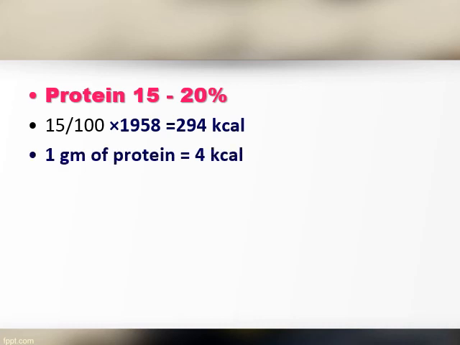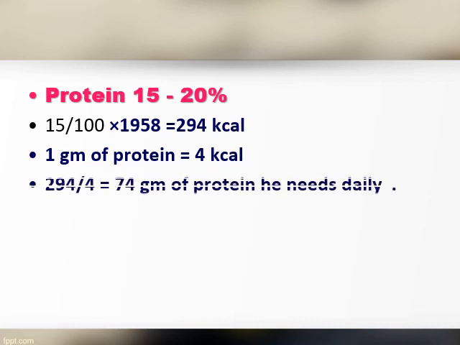And as you know, 1 gram of protein releases 4 kilocalorie. Therefore, we divide the 294 by 4, resulting in 74 grams of protein he needs daily.